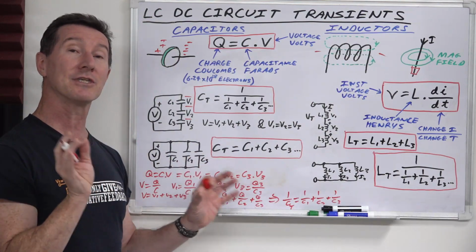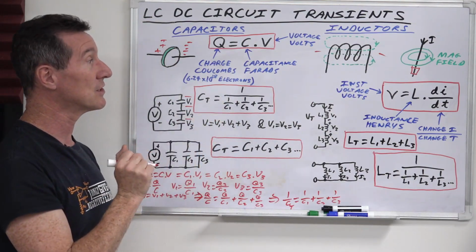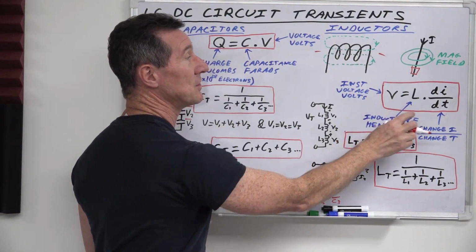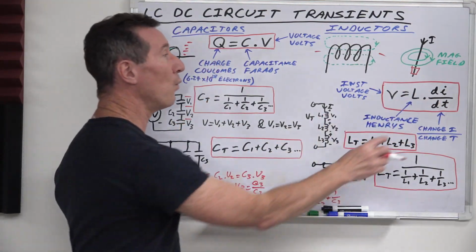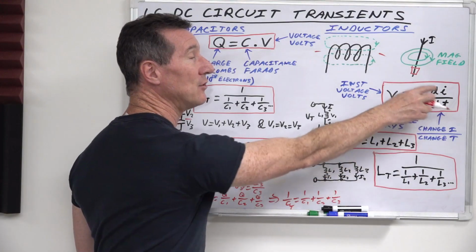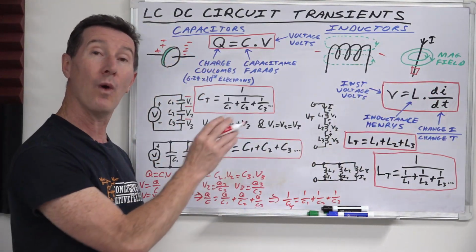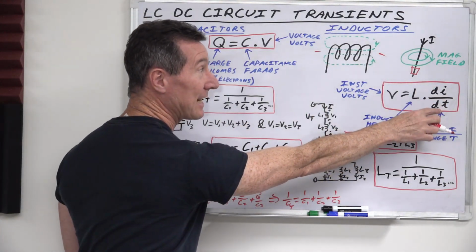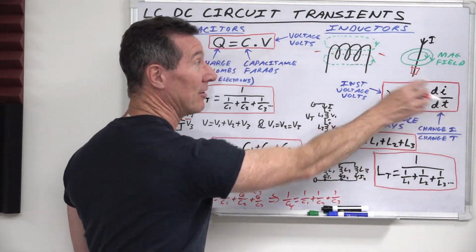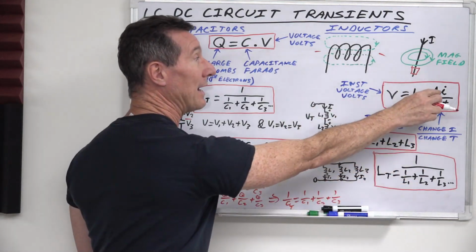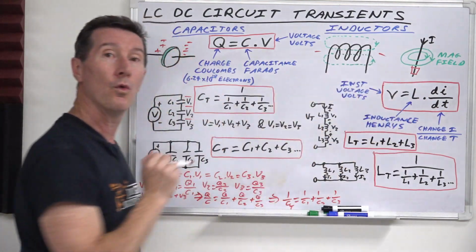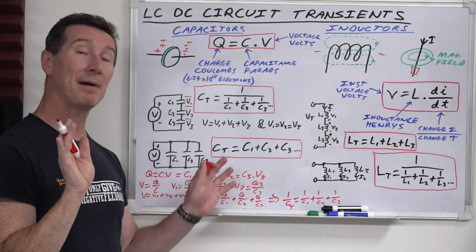So at any instantaneous point in time on the graph, as you will see shortly, that's what your voltage is going to be equal to. So if you've got a 1 henry inductor here and your current changes at 1 amp per second, di/dt, that'll give you 1 volt. Got it? It's a basic formula.